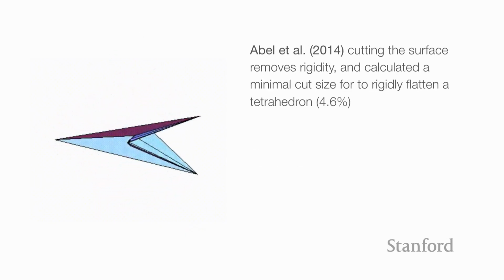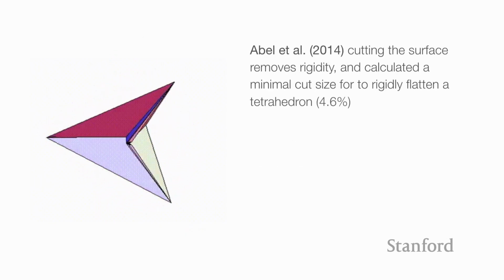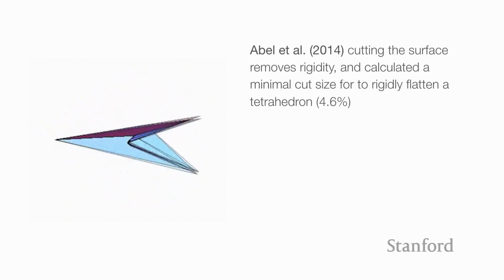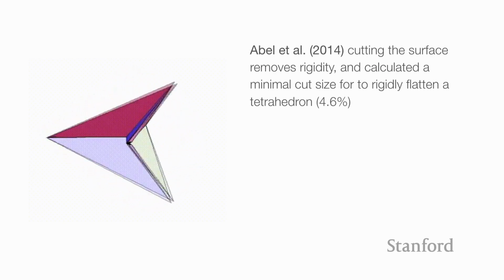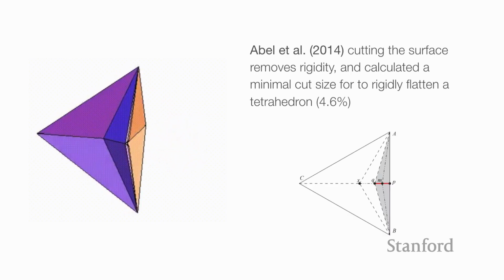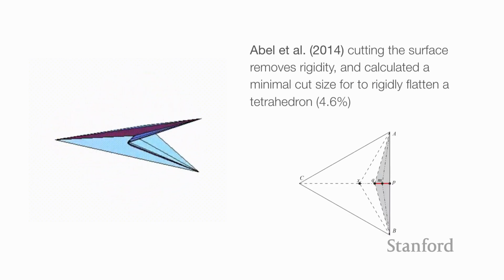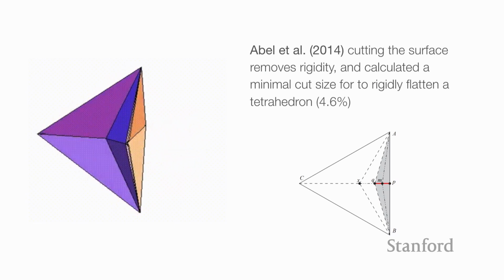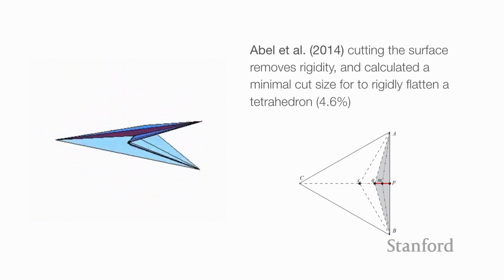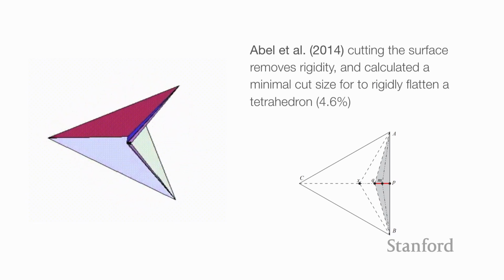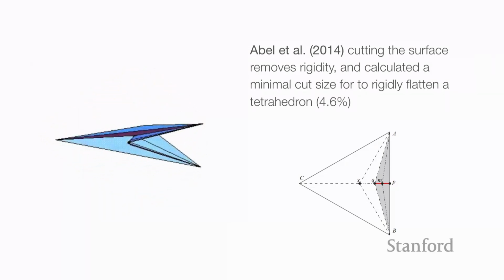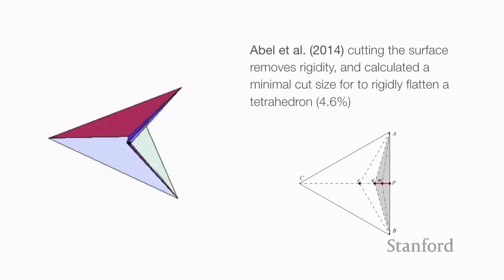However, Abel in 2014 was able to show that if you cut the surface, it will remove this property, and we can add a minimal cut size in order to rigidly flatten a tetrahedron. So the way we do this is we add a teeny tiny cut, and then somehow we are able to completely remove this super large energy barrier that we previously had by making the minimal small cut. So I think somebody here has the diagonal cut block that has a really large cut that goes all the way across the face.